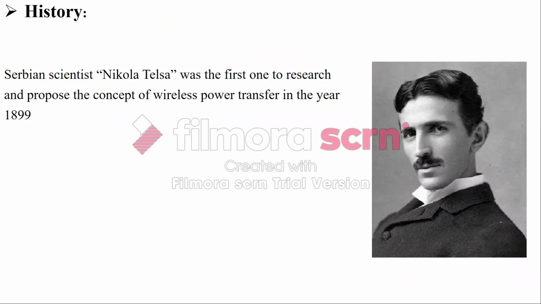So let's talk about history. Serbian scientist Nikola Tesla was the first one to research and propose the concept of wireless power transfer in the year 1899, and since then many scientists have been working to make this vision a reality. In the same year, he continued research on wireless transmission in Colorado Springs.